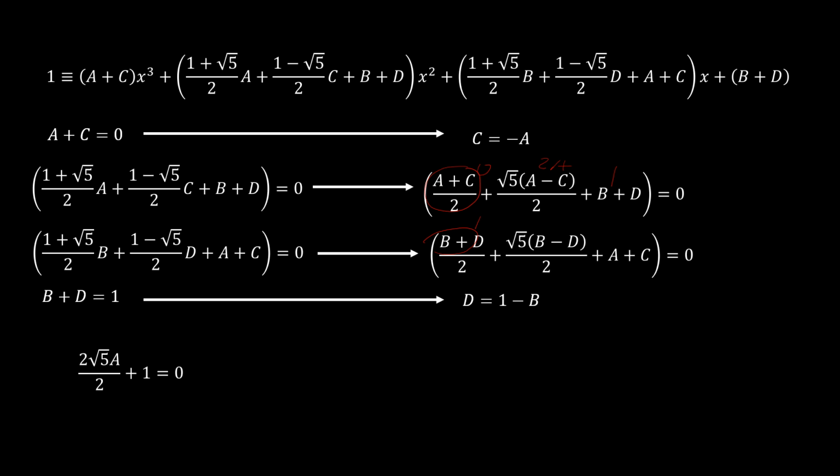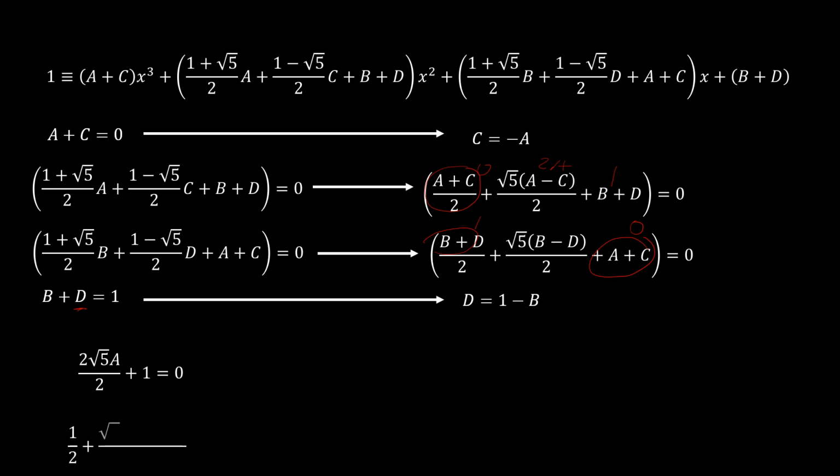Same thing here: since this is 1 coming from here, and then a plus c is 0, this is 0. And then since d is 1 minus b, b minus (1 minus b) is the same as 2b minus 1.